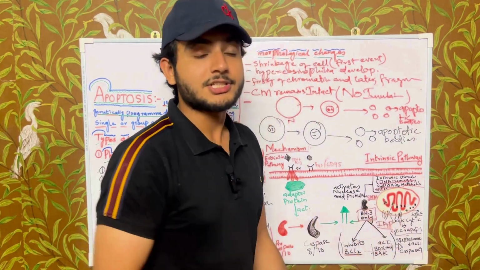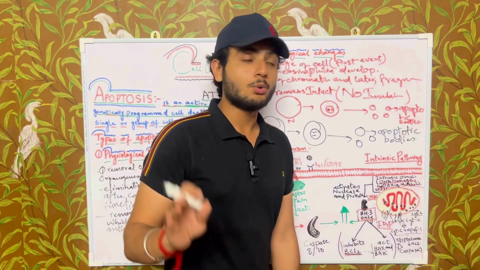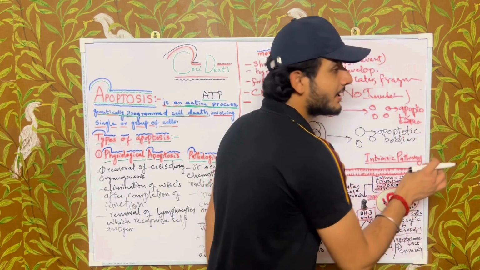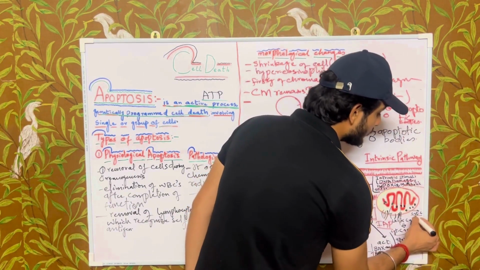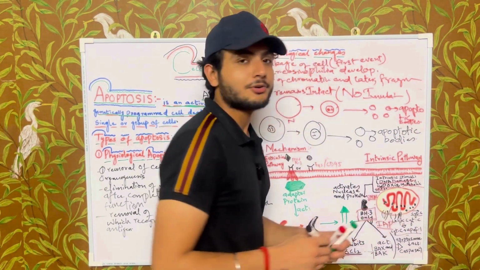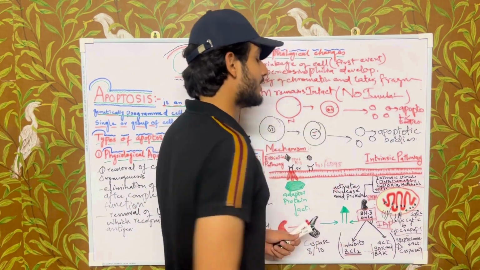Due to the formation of these channels, the permeability of mitochondria increases. We know that in the intermembranous space of mitochondria, cytochrome C is present. Due to the increased permeability, cytochrome C leaks out.